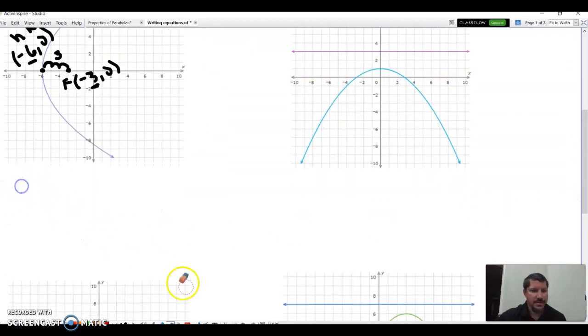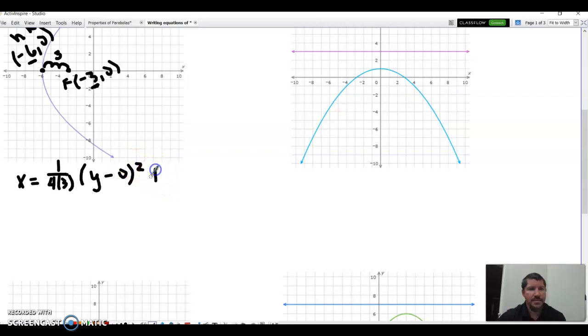So it's going to be x equals 1 over 4 times 3 times y minus k, which is 0, squared, plus h, which is negative 6. Okay, so this is going to be 1 over 12. Y minus 0 is y. So this is going to be 1 over 12 y squared minus 6. There's your equation.